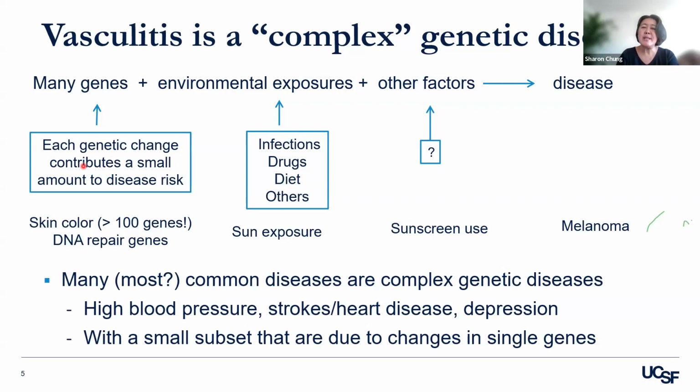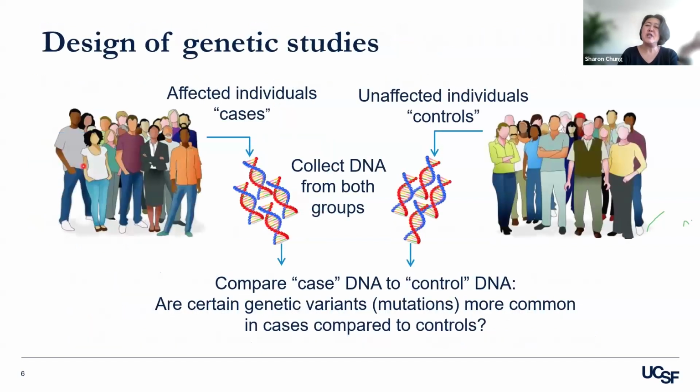Now, how do we identify these genetic changes, these genetic mutations that are associated with vasculitis? We conduct genetic studies. And if you look at a genetic study, most of them are done in this type of fashion. You get a lot of individuals who have your disease of interest, these affected individuals, and we call them cases.